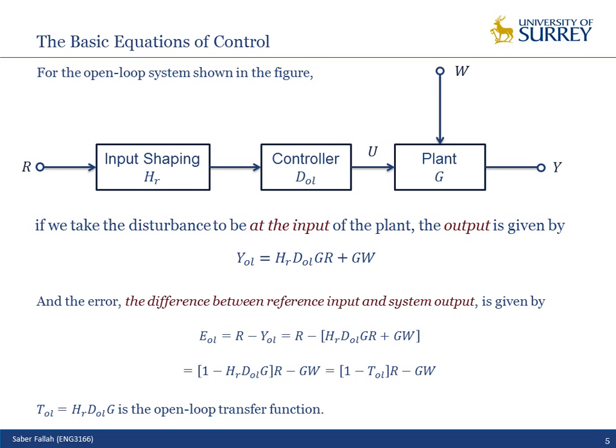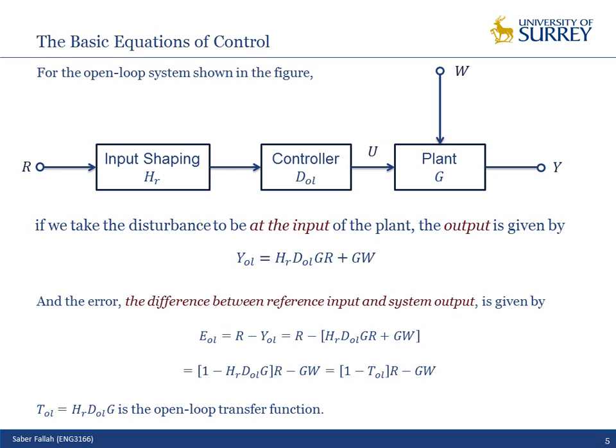If it is negative, our output is higher than our reference input. But if we have a random input or non-constant input, we can't say. We just look at the sign. If there is minus, it means that we have the higher error. If it is positive, it means that we have less than the reference signal.